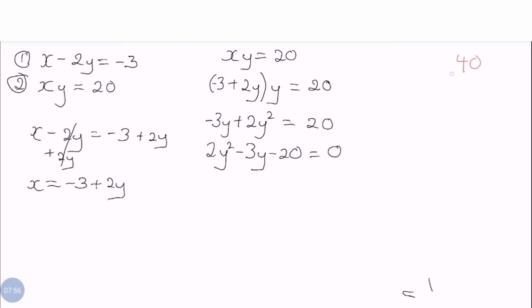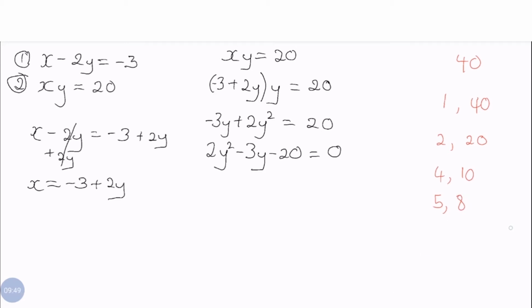So let us list the factors of 40. First we have 1 and 40, which is obvious. We have 2 and 20. We have 4 and 10. We also have 5 and 8. Do we have more factors of 40?